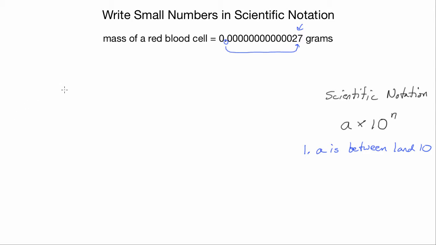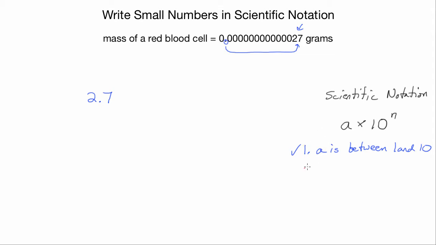And so if I'm turning this into scientific notation, I'm going to start with 2.7. 2.7 is a number between 1 and 10, and it's the significant part of the number given here for the mass of a red blood cell. All right, check. We've got part 1 done. We've got our number between 1 and 10.